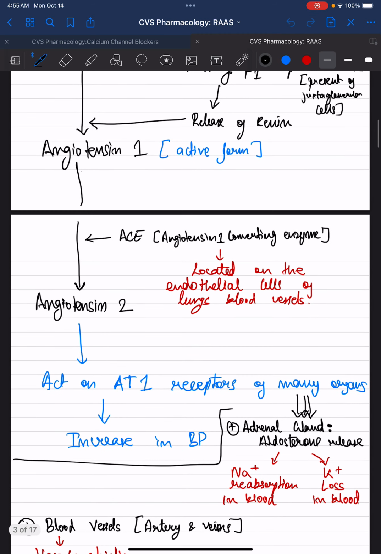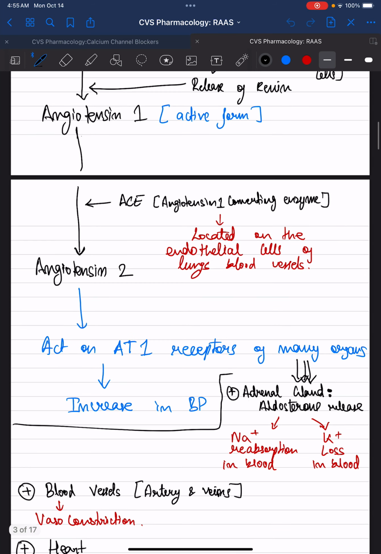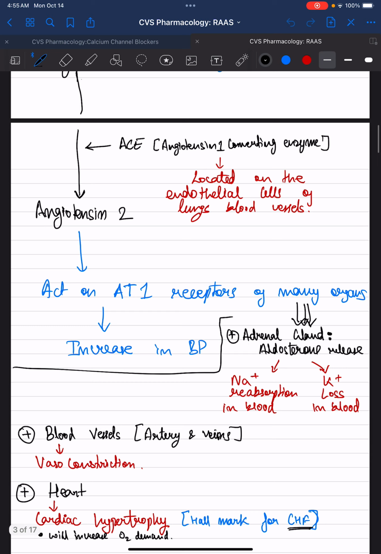Then ACE enzyme, angiotensin 1 converting enzyme, will convert angiotensin 1 to angiotensin 2. This ACE enzyme is located on the endothelial cells of pulmonary blood vessels. The angiotensin 2 will act on AT1 receptors on many organs, and it will lead to increase in the blood pressure.